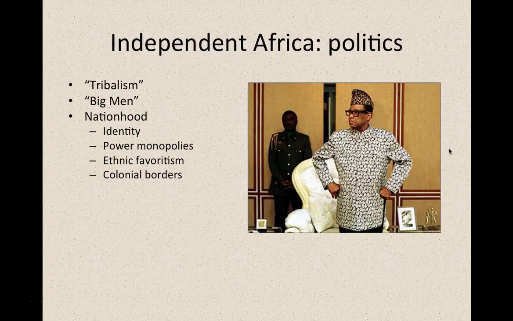Unfortunately, and this is the source of a great deal of conflict and a great deal of inequity in Africa, ethnic favoritism was often the political motivation or the political goal for many of these leaders, as we've talked about.